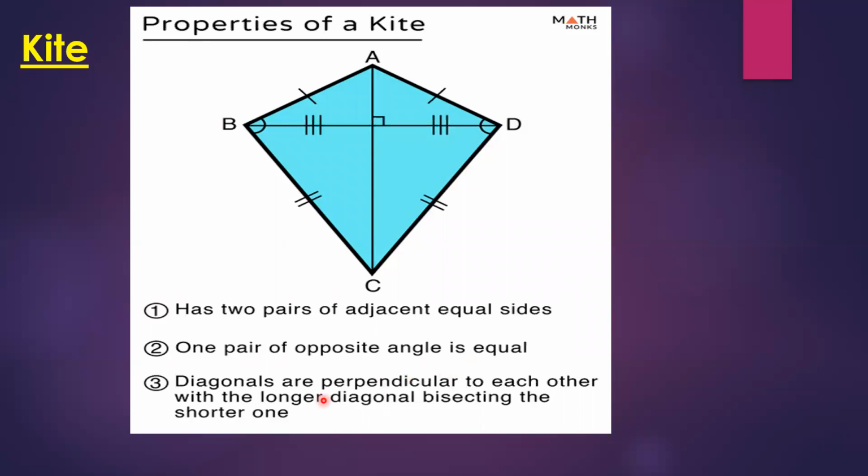All right, so let me ask Doronique, what is the difference between a square and a rectangle? The difference between a square and a rectangle is the square has 4 equal sides.